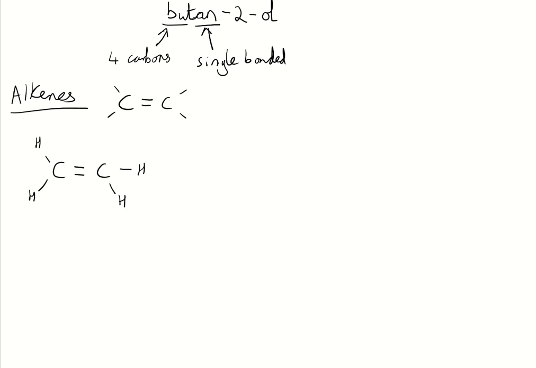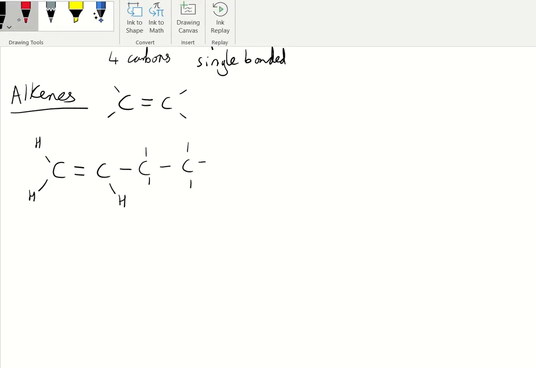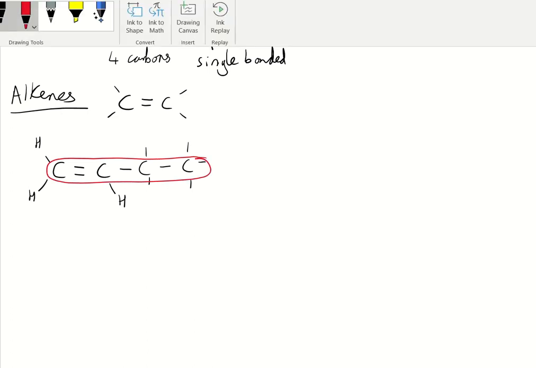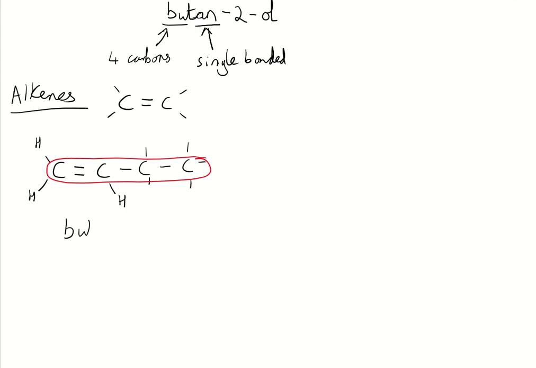Let's just lengthen that off a bit. Okay. So the ending for an alkene nicely is -ene, rather than the alkane being -ane. You look for the longest carbon chain. Nice and easy. So I start with but.